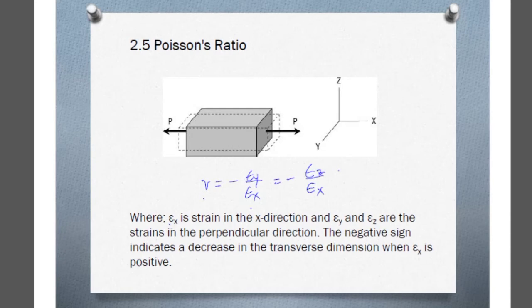So EX here is the strain in the x direction, the y and the z are the strains in the perpendicular directions. The negative sign indicates a decrease in the transverse dimension when the strain in x is positive.